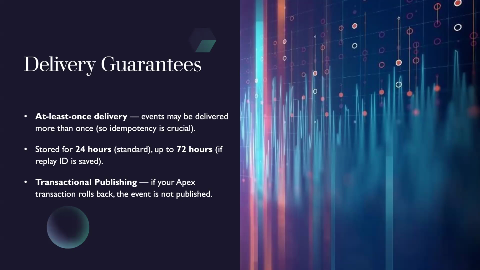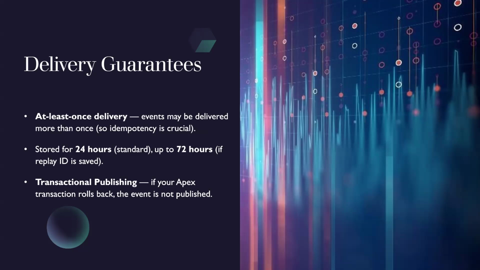It updated the records in its system. Salesforce might deliver that event again. So the external system has to make sure that it doesn't act against the same event again. That is also called idempotency, which is very crucial here.